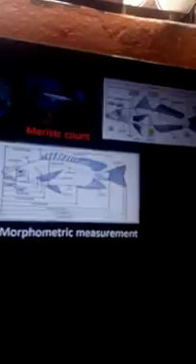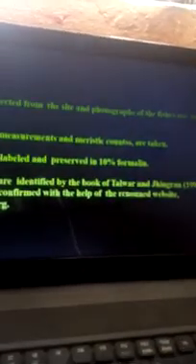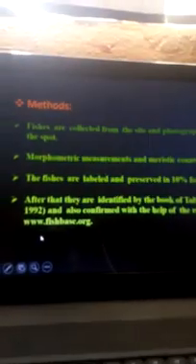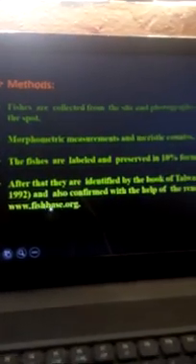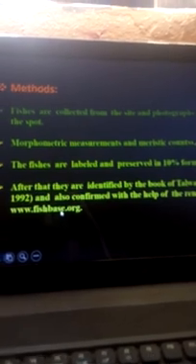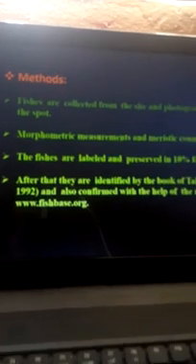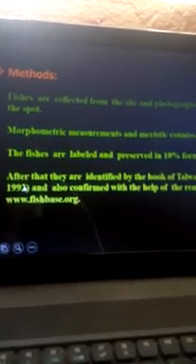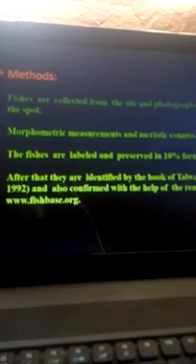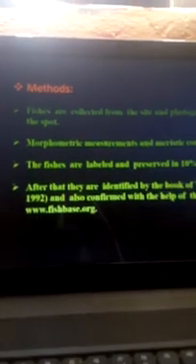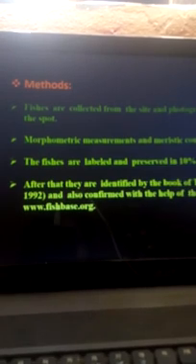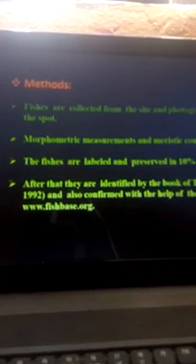After taking these measurements, we move to the website www.fishbase.org, and we find the morphometric lengths and the meristic count of our fish, and compare in FishBase.